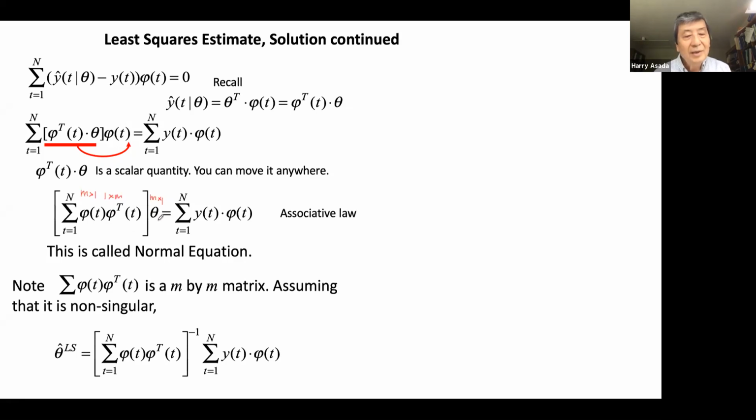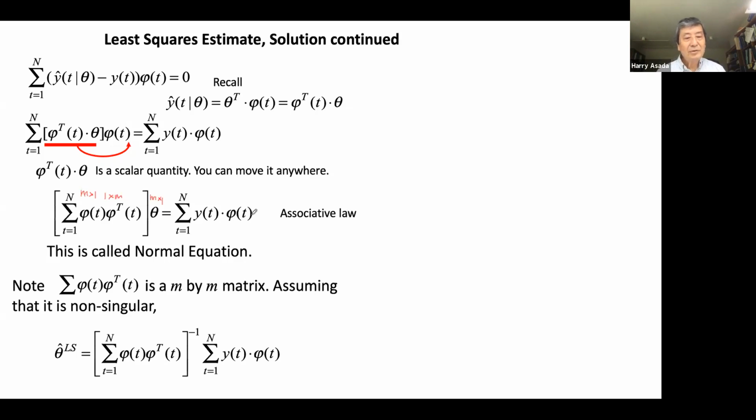That means that we can factor out the theta from this expression, leaving this part to be m by m matrix. Okay, so phi transpose, and then right-hand side is output or dependent variable, yt times the regressor phi t.